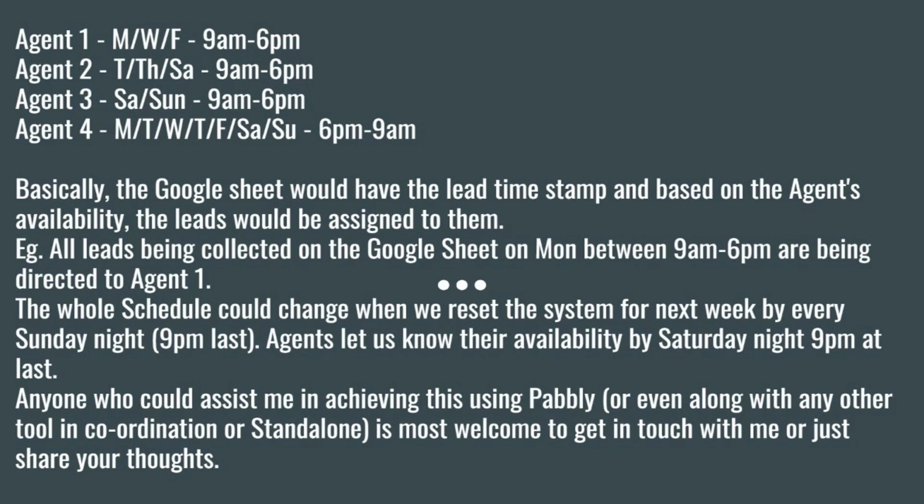For that, I have considered Google Sheets, because they told me they're collecting all the leads in a Google Sheet, and the staff information is available in a Google Sheet.